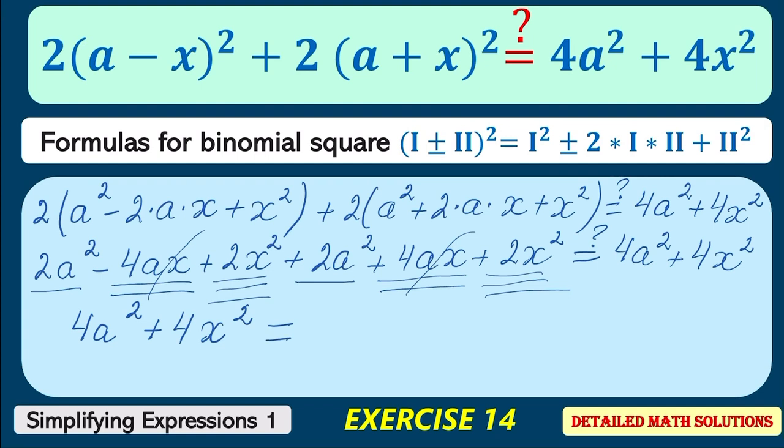It does equal 4a squared plus 4x squared. Therefore, the second expression, 2 times a minus x in parentheses squared plus 2 times a plus x in parentheses squared, is equivalent to 4a squared plus 4x squared.